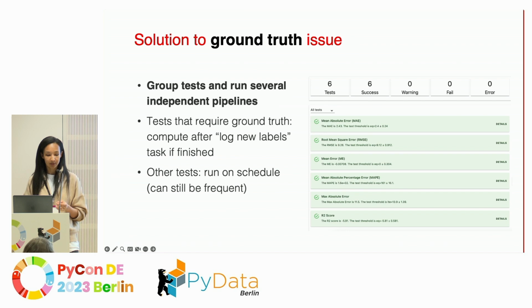And other tests which really require this ground truth, generally tests which depend on the targets in order to calculate some quality metrics or error-based metrics, we can just make some dependency, like we calculate all those tests and metrics only after we successfully loaded the target data, right? For pipelines, it's pretty simple because there are a lot of tools like Airflow and Prefect which support dependency between tasks, so we can implement that.